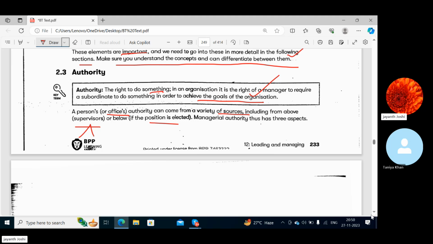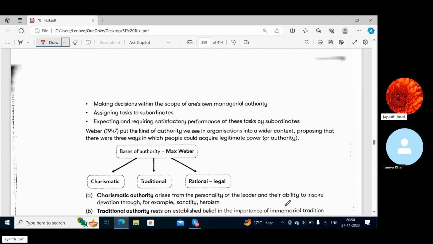Managerial authority thus has three aspects: making decisions within the scope of one's own managerial authority, assigning tasks to subordinates, and expecting and requiring satisfactory performance of these tasks by subordinates.